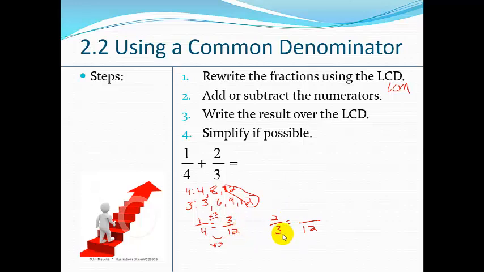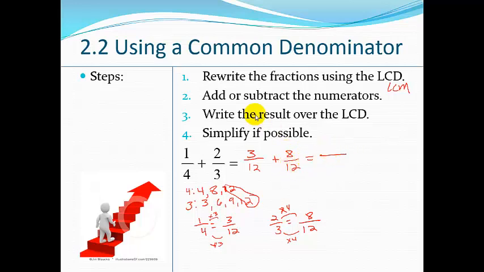Now 3 times what gives you 12? Yep, 3 times 4. So 2 times 4 gives you 8. A lot of people, if you see it written horizontally, you can also write it vertically. I tend to write it horizontally. So I'm going to replace the 1/4 with 3/12, and then replace the 2/3 with 8/12.